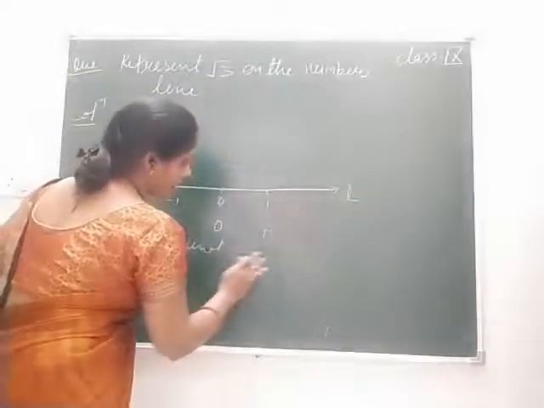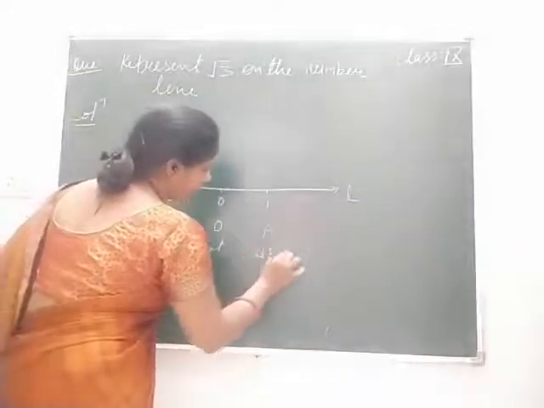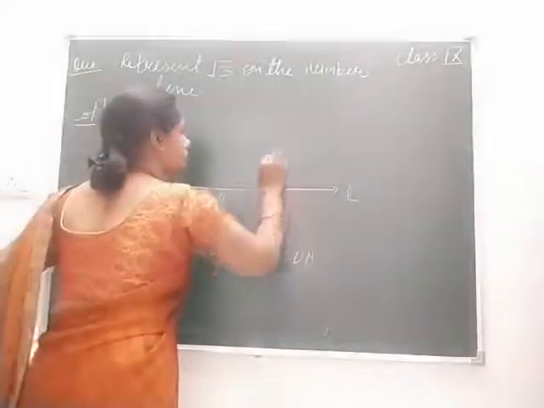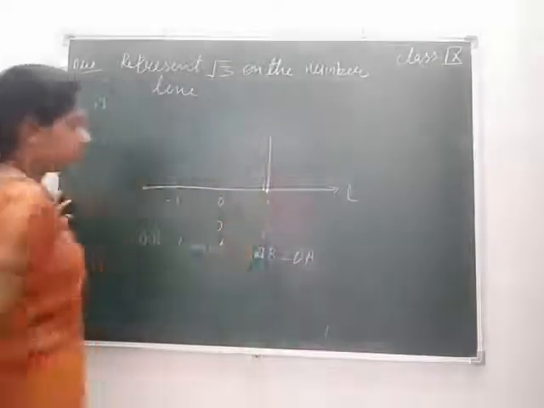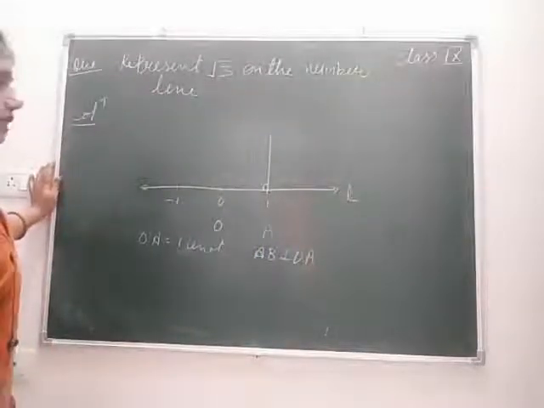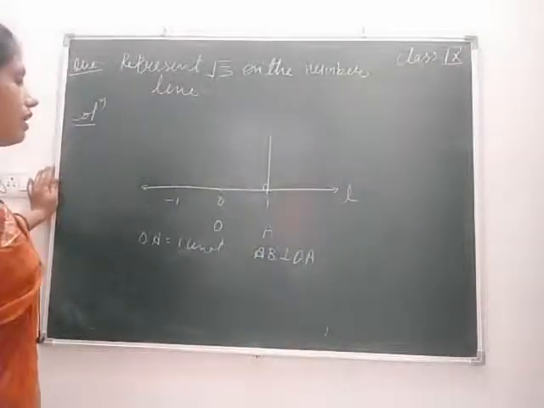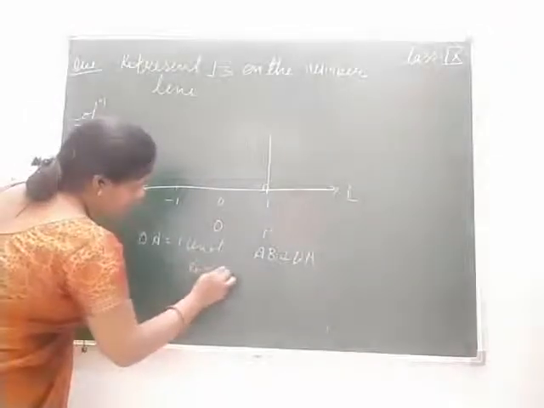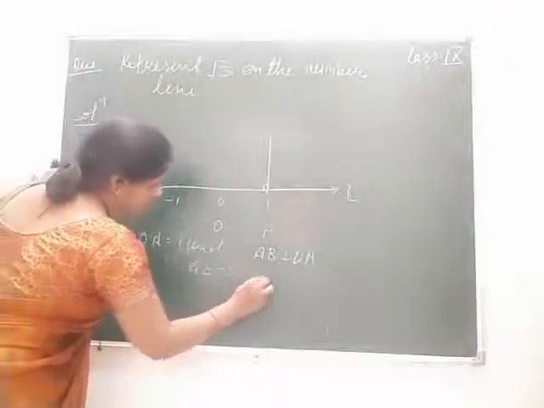AB perpendicular to AO. A point पर 90 डिग्री हमने एंगल ड्रॉ करा and AB is the 1 unit. AB equals to 1 unit.